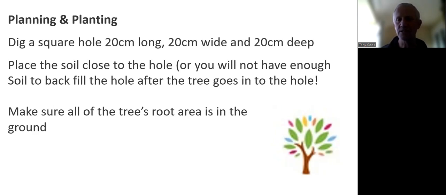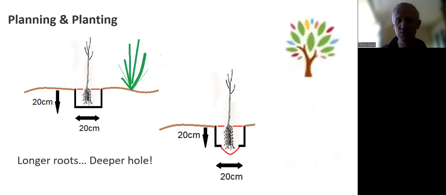Not always easy to be able to identify the tree roots. I've been on sites where maybe an enthusiastic volunteer has planted them upside down, so that's worth having a little check for. So here's an image of our 20 centimetre holes.